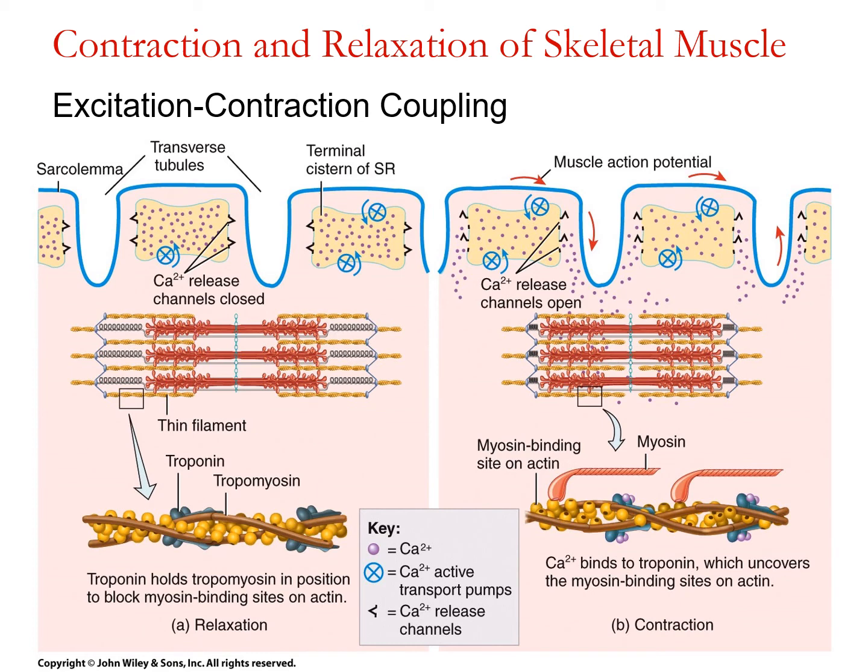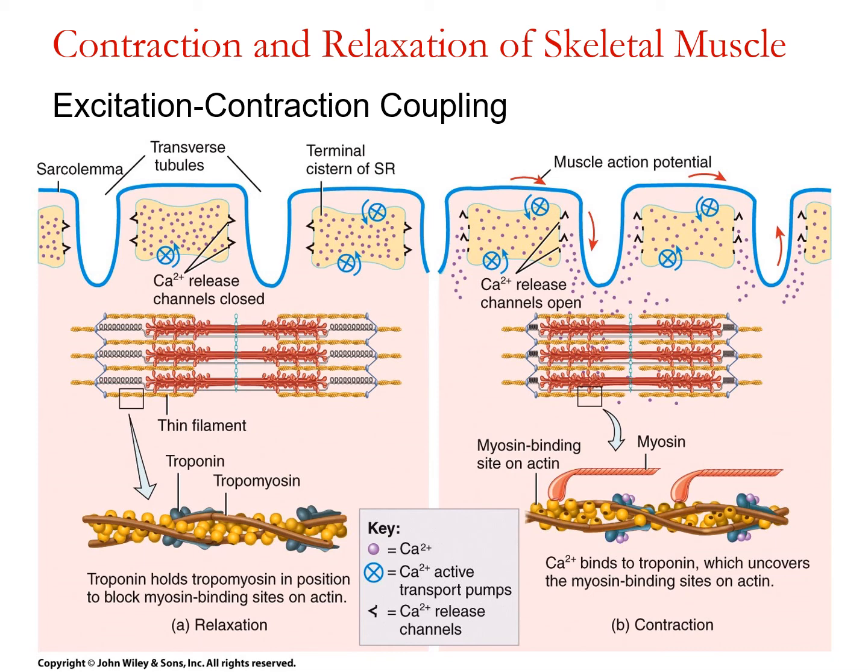As the signals reach the sarcoplasmic reticulum, it leads to opening of the calcium channels, and now calcium can diffuse out of the SR into the sarcoplasm. The calcium will bind to the troponin, pull away the tropomyosin, and this now reveals the myosin binding sites on the actin. Now, myosin and actin can do their thing.